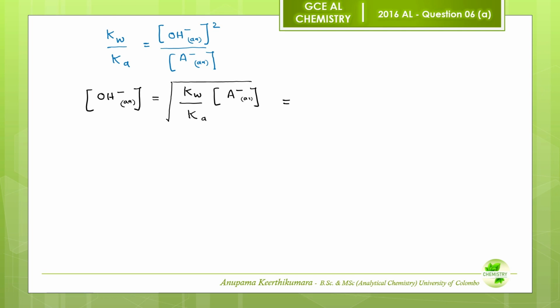Kw is 1 × 10^-14 mol squared dm^-6. Ka is 1 × 10^-5 moles per cubic decimeter.